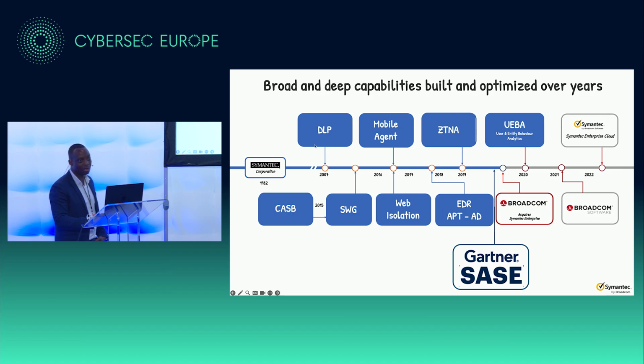The DLP since 2007. And the web isolation and the ZTNA also came before Gartner started talking about a framework which combines all this technology. So we're almost in advance of what they are proposing, and this is what we already have, and it's an improving solution. The solution is already there. Customers already use it, and if you take only the security aspect, this is what we call the service edge. The security service edge is the SSE.